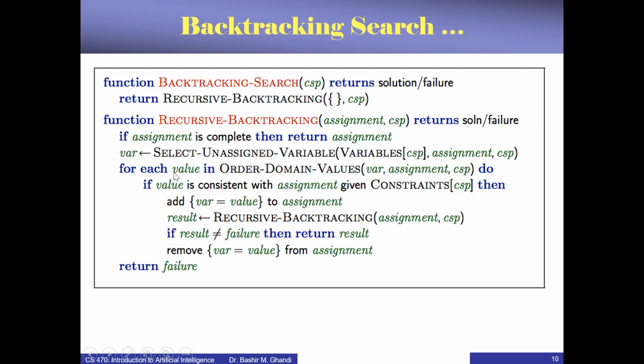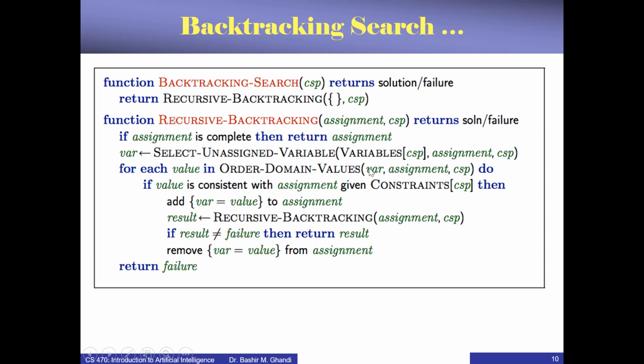Now you try to assign a value to that variable. So we have here a loop. Say for each value in order domain values. Again, we have another routine that will tell us what value among the possible values for this variable we should assign. Okay, so we're going to try them one by one.